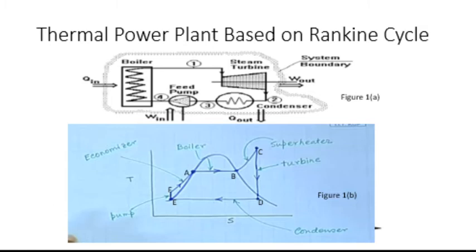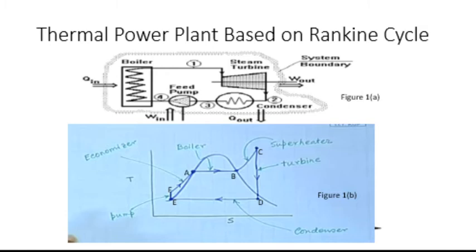But in the 2 to 3 process, only latent heat is extracted. Due to the extraction of latent heat, the steam is converted into water, but the temperature remains constant, and hence the pressure is constant. That's why this path of 2 to 3 is known as an isobaric process.